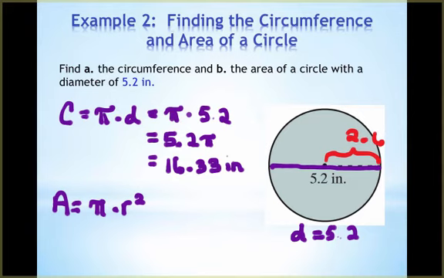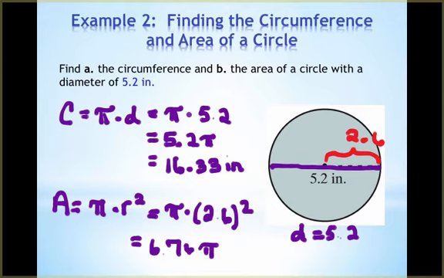So now we can substitute into our formula that our area is pi times 2.6 squared, but that's going to be 6.76 pi. But then if I use my calculator, I get that that's 21.2264, so we'll make that 21.23 square inches because we're doing area, so we would measure in square inches.